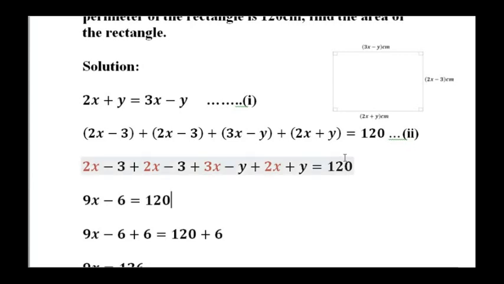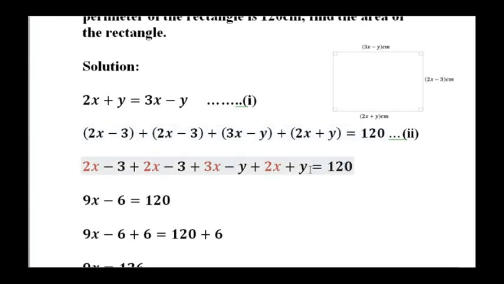The task is to determine the values of the variables x and y. To begin, I will solve equation 2 by simplifying the parentheses. This will result in 2x - 3 + 2x - 3 + 3x - y + 2x + y equals 120.